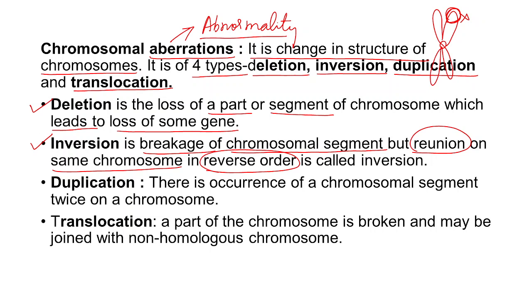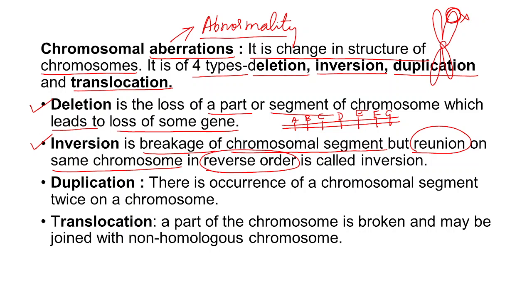For example, if a segment of DNA is there like this, with A, B, then C, then D, then E, F, G. These are the different genes in this particular segment of the DNA.